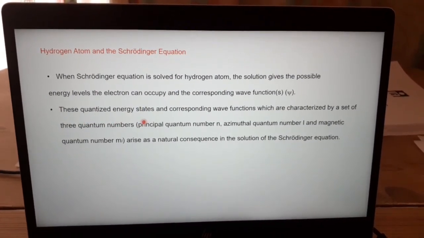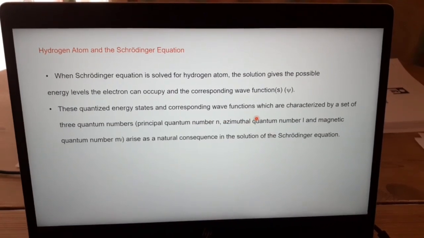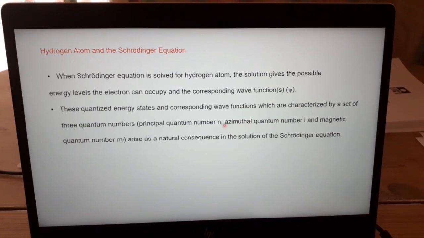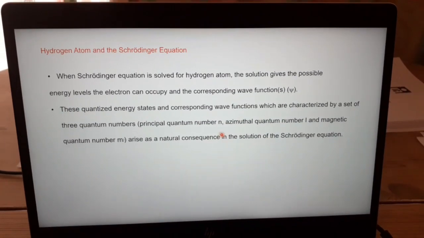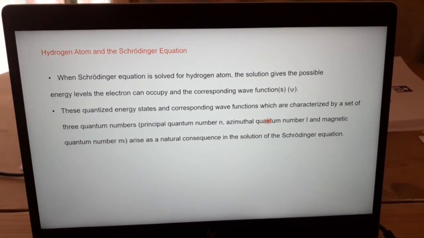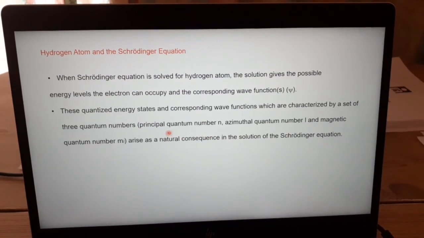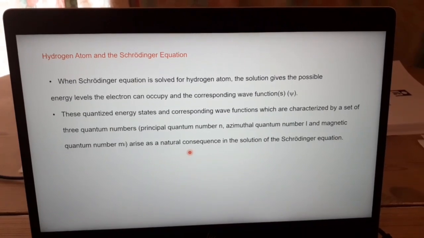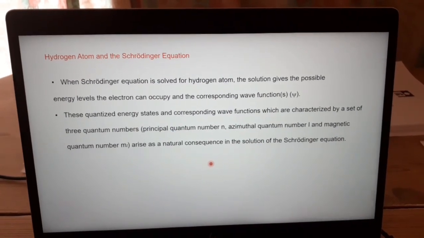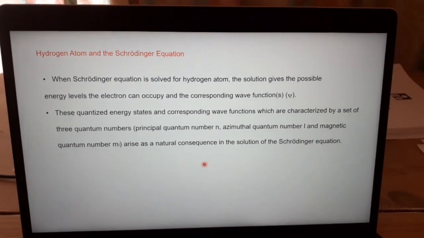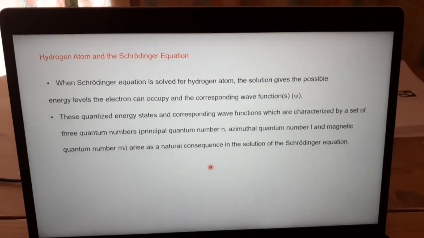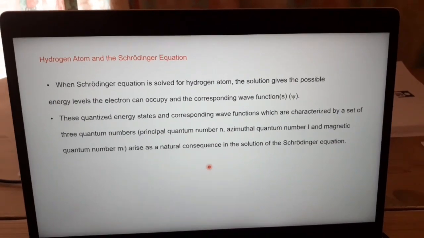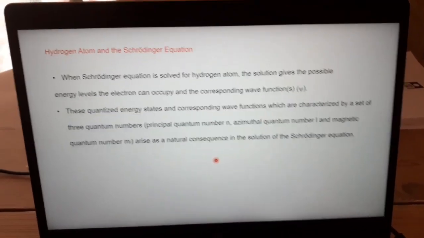These quantized energy states corresponding to the wave function are characterized by a set of three quantum numbers. After solving for psi and E, you can find the principal quantum number, azimuthal quantum number, and magnetic quantum number, which I will explain later. So now you can understand the solution of the psi function and how it gives different aspects.